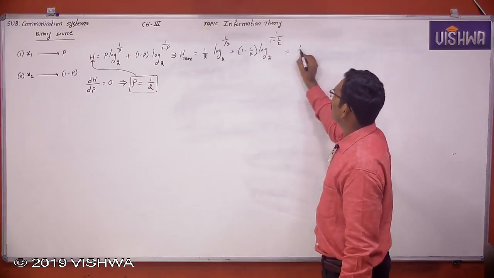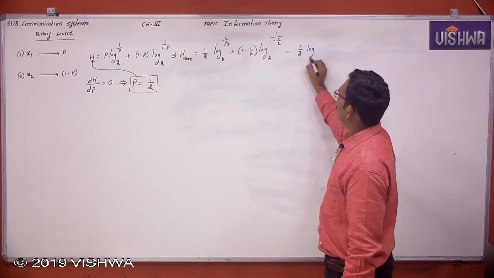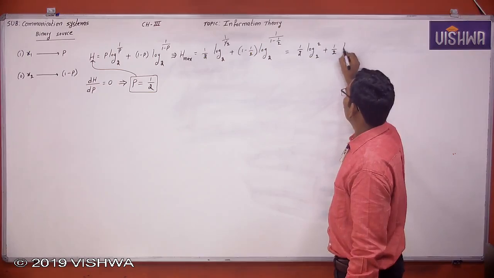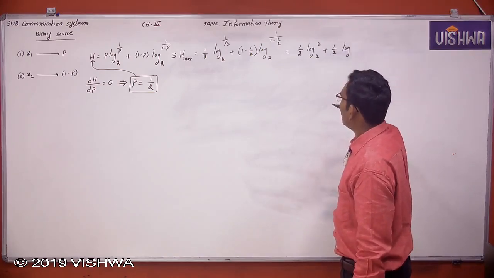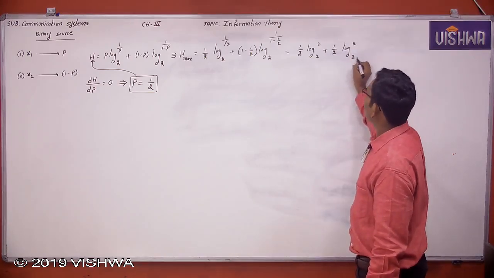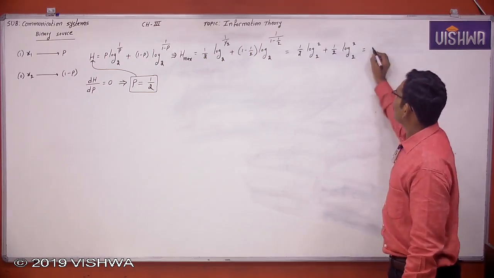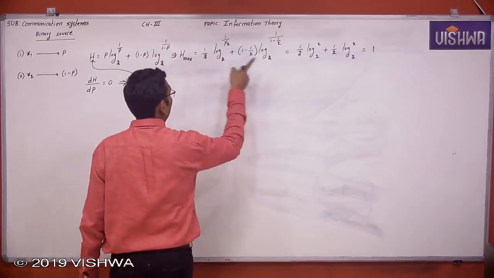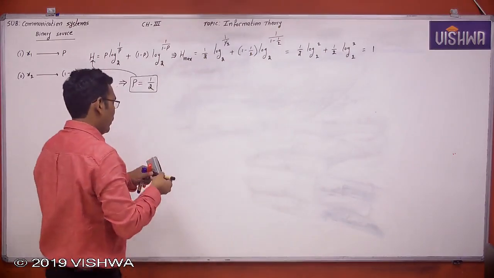Therefore, which is equal to 1 by 2 log 2 base 2 plus 1 by 2 log 2 base 2, which is nothing but 1 by 2 plus 1 by 2. So the maximum entropy of a binary source is 1.